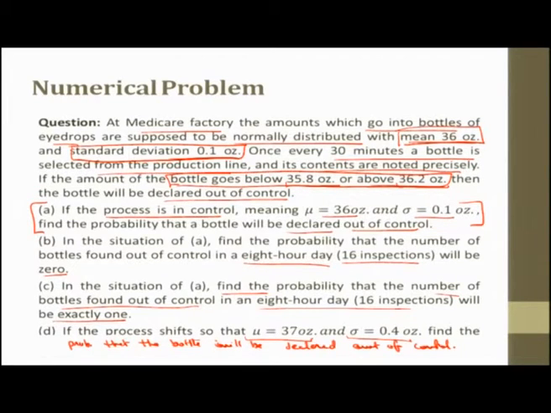Now, the first part is just a normal distribution as we did. Mu is this, sigma is this, we have a lower bound and an upper bound. So, let me try to put these values. First of all, I have the mean as 36 ounce and standard deviation as 0.1 ounce.